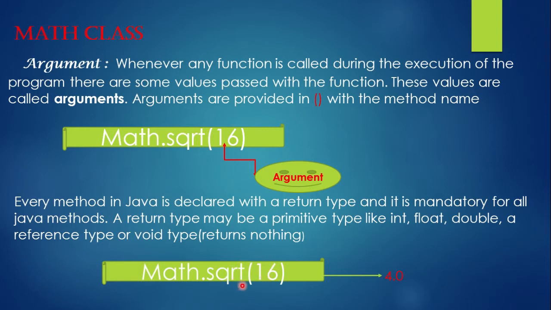Then after the process, this function will give you a value back, that is 4.0. This value is called the return value of the function.